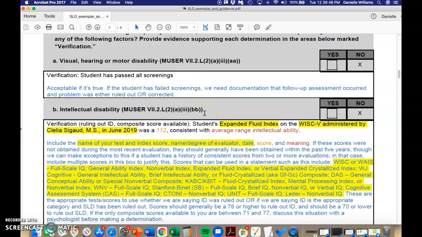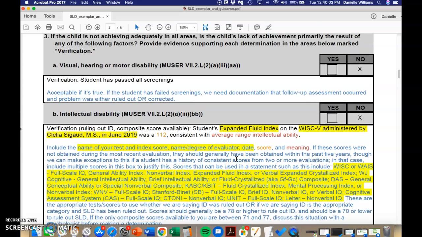And if they failed a vision screening and they haven't received a follow-up assessment, we don't have proof that there's not a visual impairment that's affecting the student's achievement. So read the blue for more information if you're filling this out without watching the video.